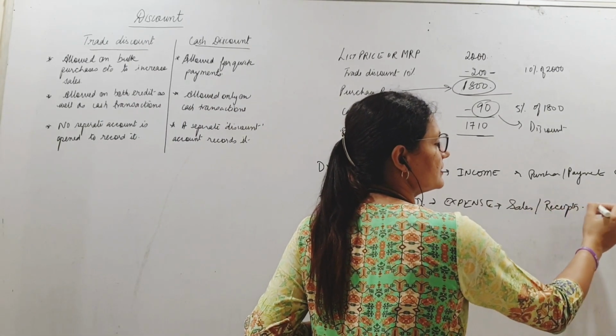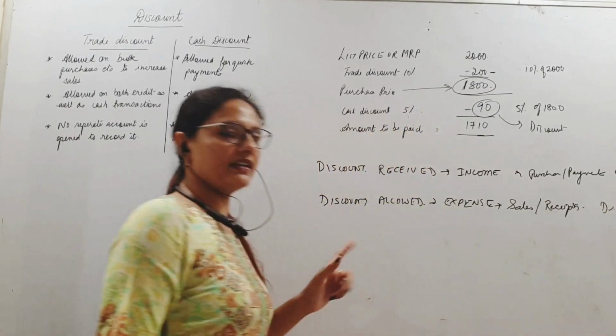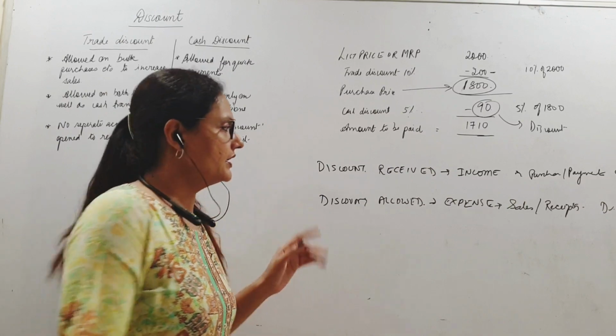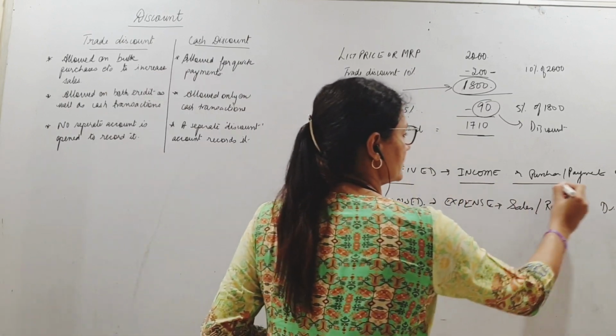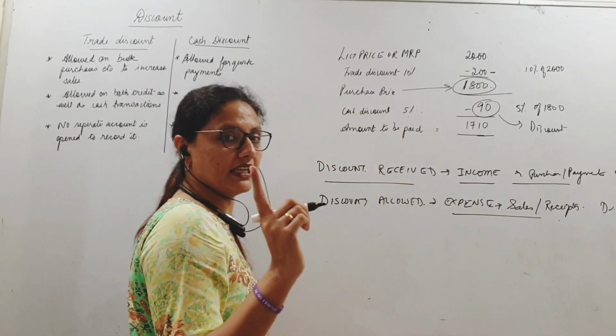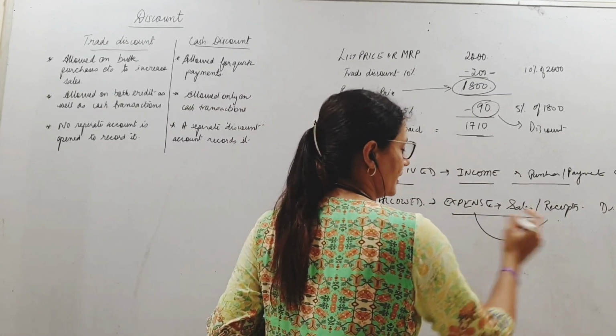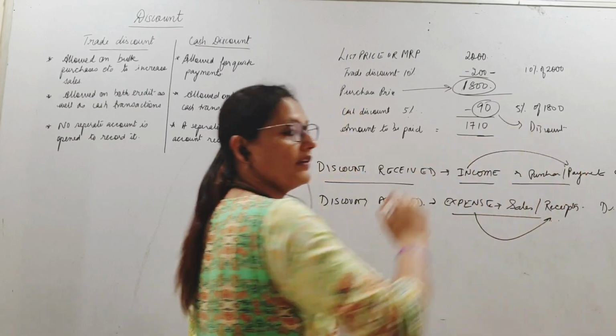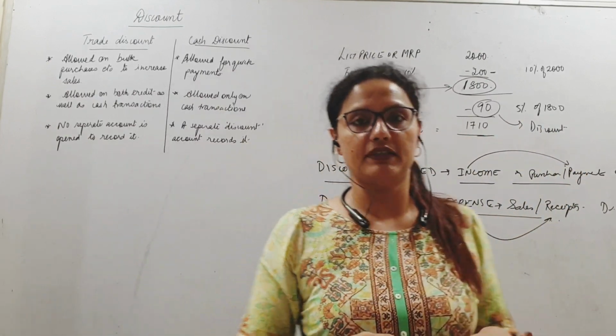When my customers pay me, I will debit this because it's an expense. All expenses are to be debited. So I hope this connection is very clear. ये expense है, allowed होता है जब I am receiving payment, और income है when I am making the payment.